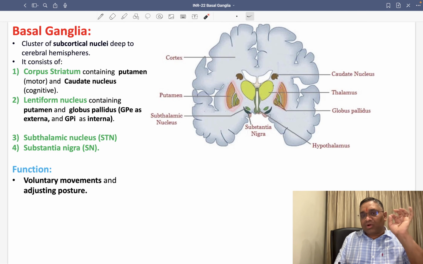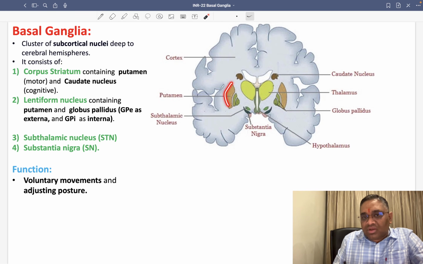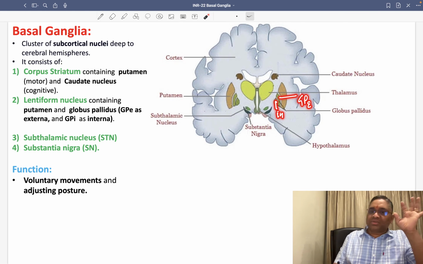In lentiform, what are the two things? The outermost one is the putamen and the inner one is the globus pallidus, right? In globus pallidus also, the internal one is called globus pallidus interna and the external one is called globus pallidus externa, right? So this is how we can understand.